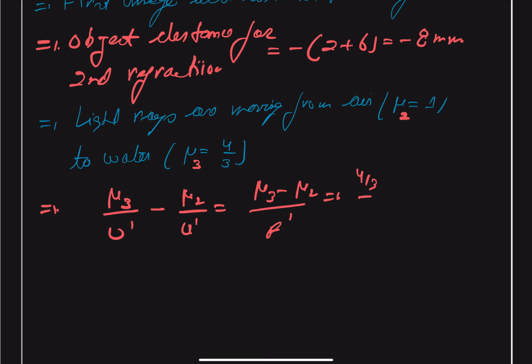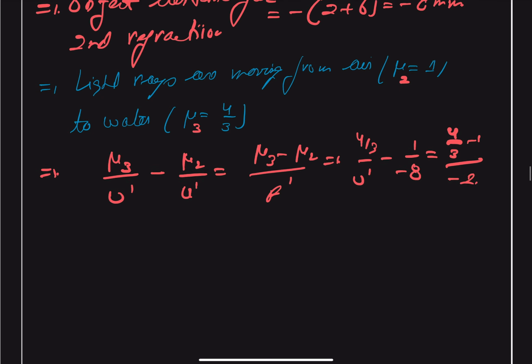So we substitute, we get 4 by 3 over v prime minus 1 upon minus 8 is equal to (4 by 3 minus 1) divided by minus 2. This gives us that our v prime is approximately equal to minus 4.57 mm.